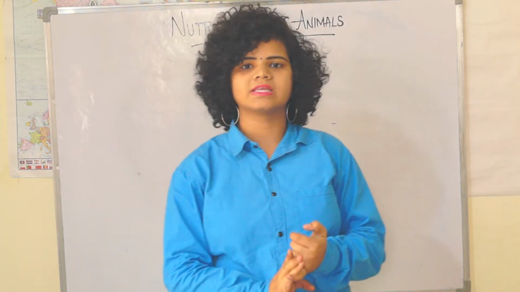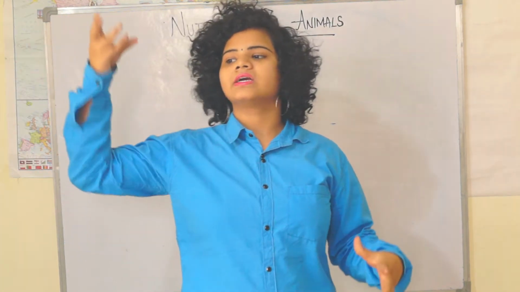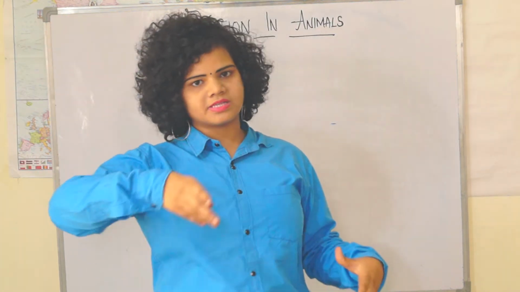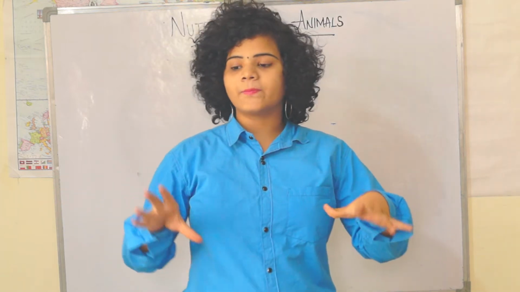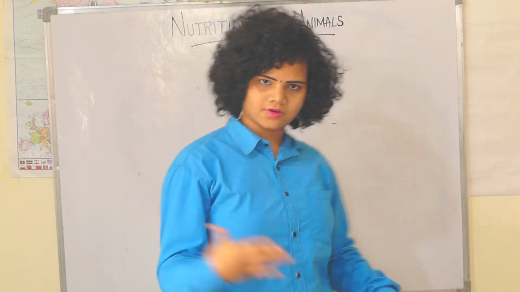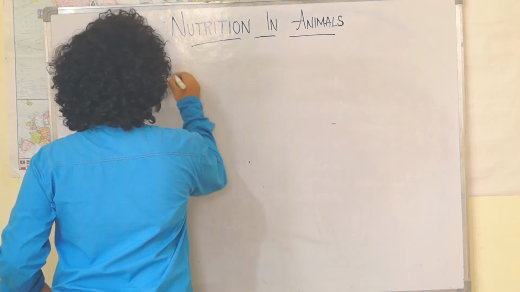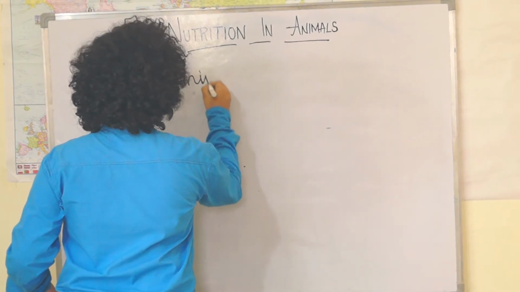So autotrophs, the organisms who prepare food by themselves, are called autotrophs, and the organisms who depend upon other organisms for food are called heterotrophs. And we also learned about the carnivorous animals.